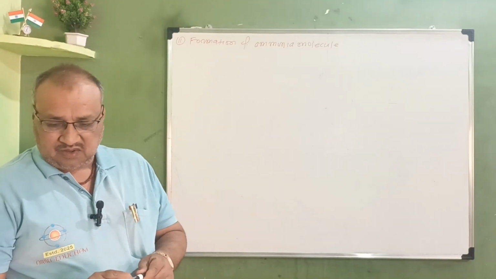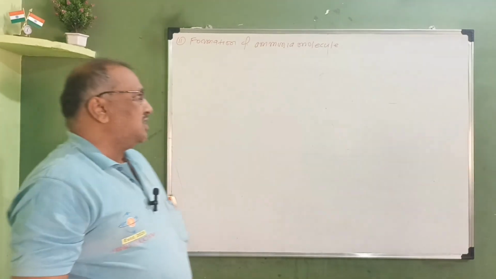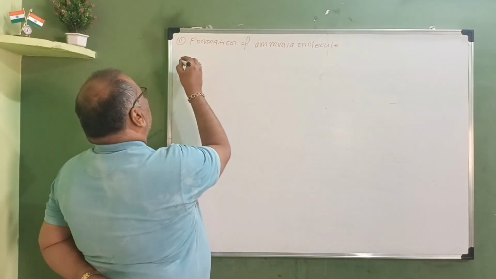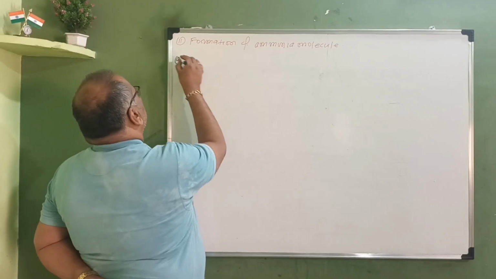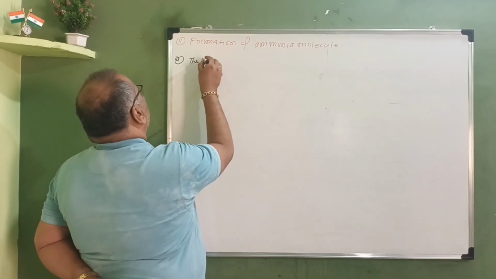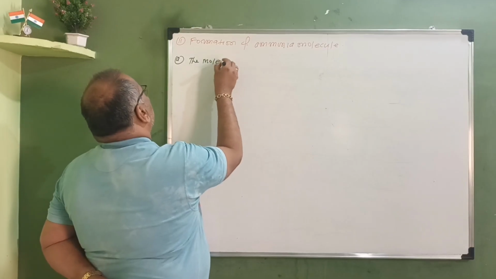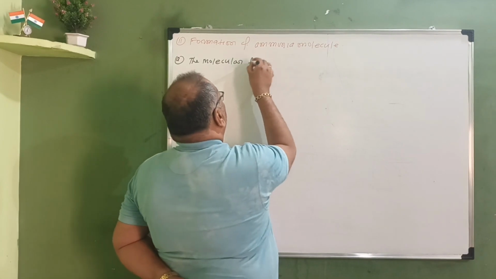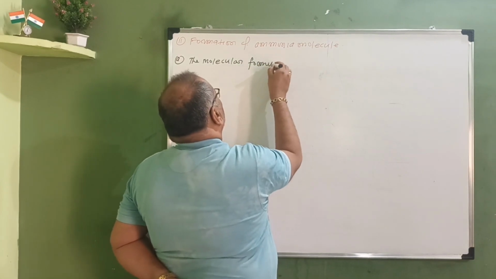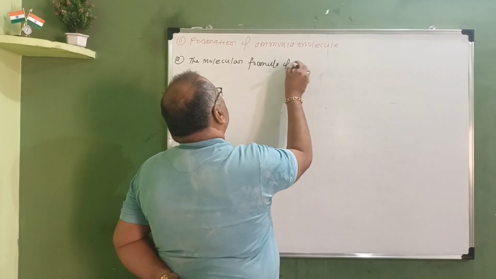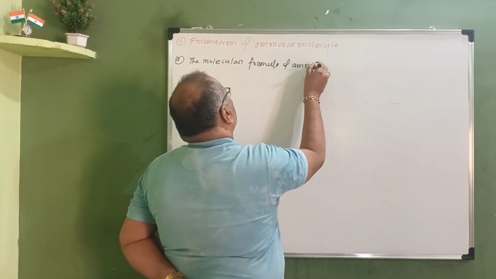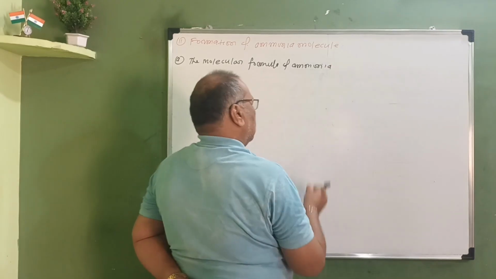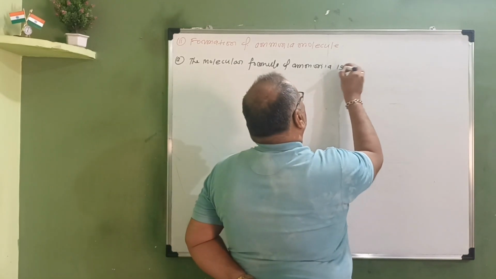Now, what are the steps involved in this case? First step is the molecular formula of ammonia is NH3.